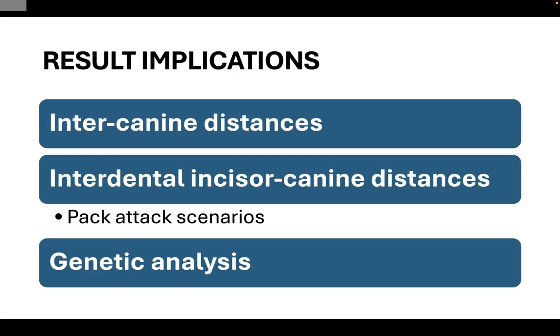Its main application is pack attack scenarios, where the intercanine measurements are identical and the suspected dogs have brachycephalic skulls. Morphometrics is not 100% reliable, and if the two measurements overlap, genetic analysis is required to evaluate the salivary biological material of the dog.